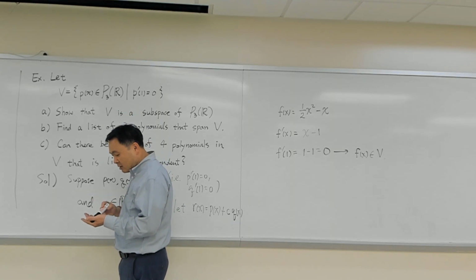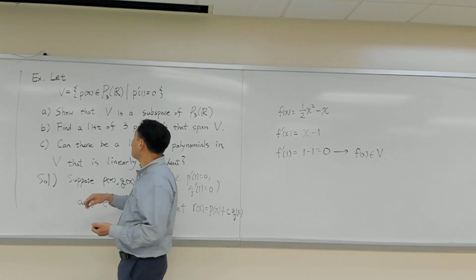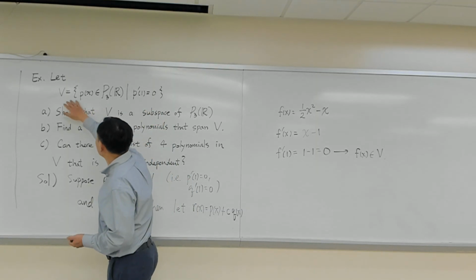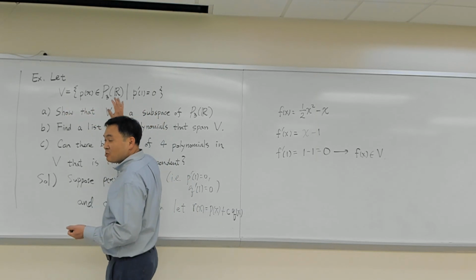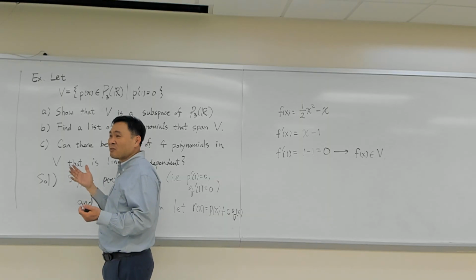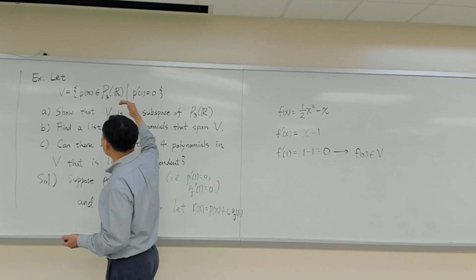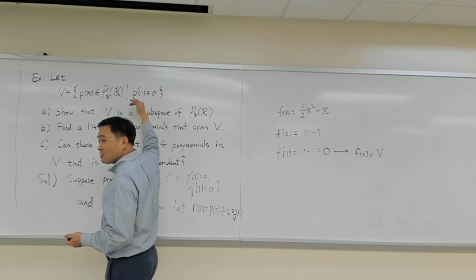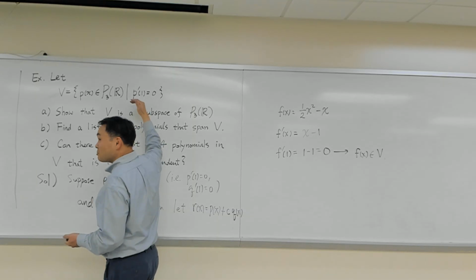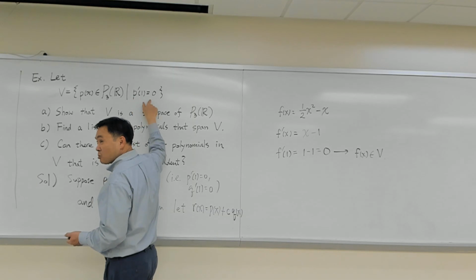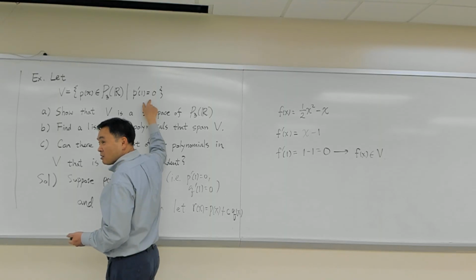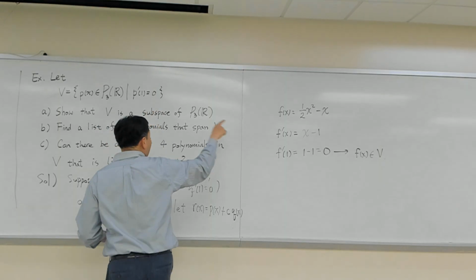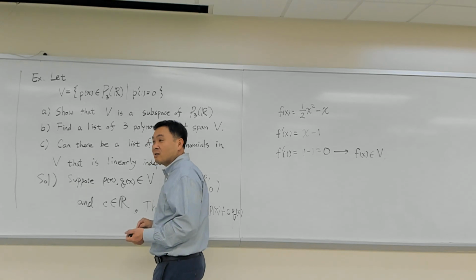So I think whenever you see some definition, you guys are lazy. Why do I say that? Because you never bother to think about what it means. You have to think about what it means. What does p prime of 1 equal to 0 mean? In order to answer that question, you should think of an example. You get that?